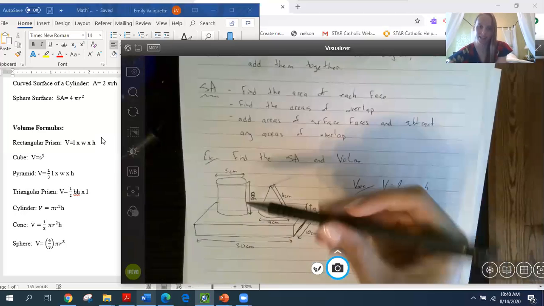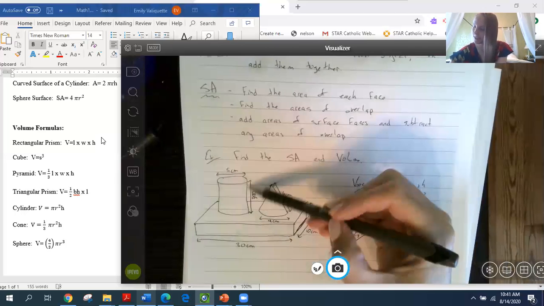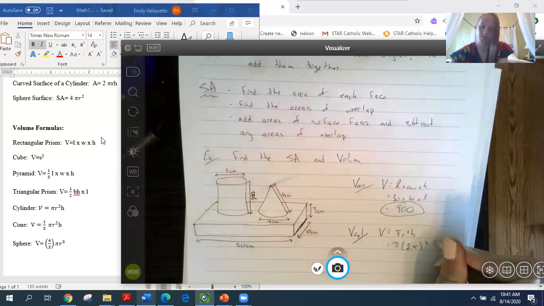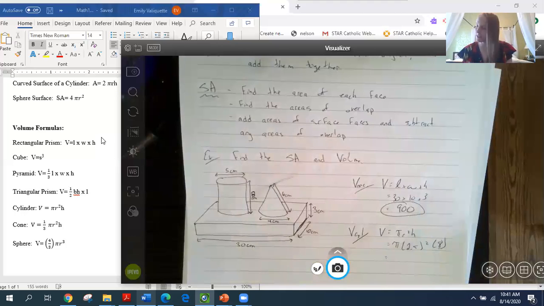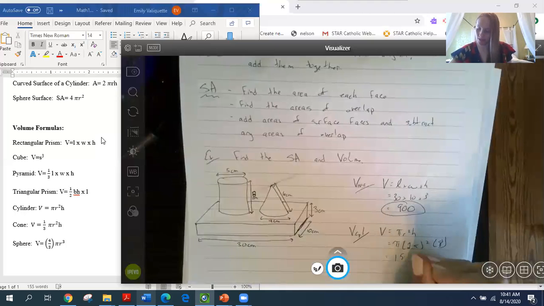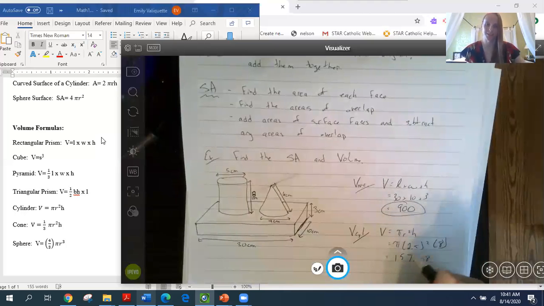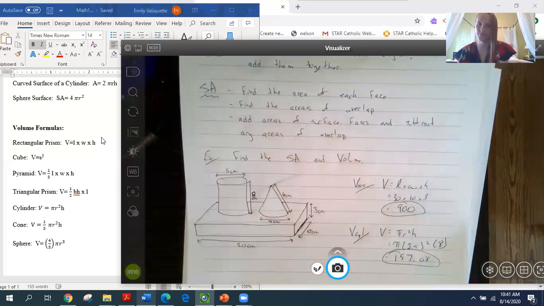And then my height is 8. 2.5 squared is 6.25. I'll times that by pi and by 8 and get 157.08. Circle it so I know I need to add it later on.